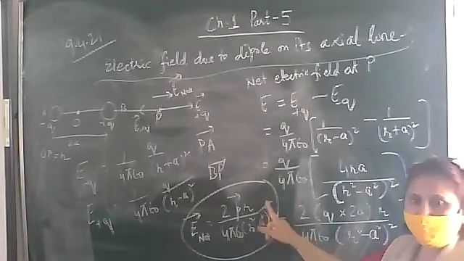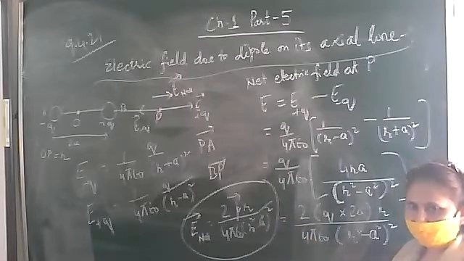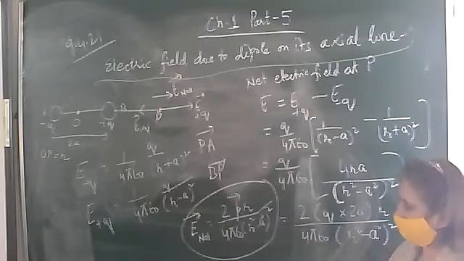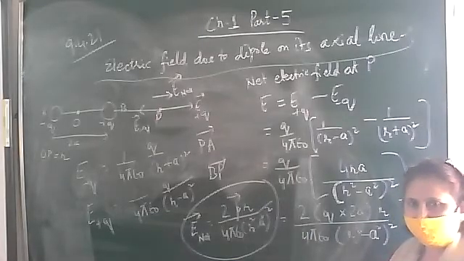Okay, so this is the net electric field: twice into dipole moment into r upon 4 pi epsilon naught, (r square minus a square) whole square.